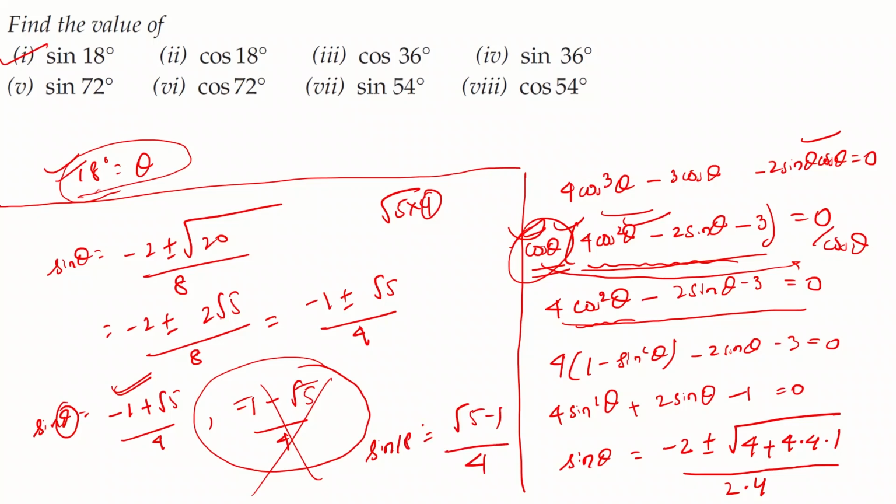Alright. And now to find out the value of cos 18 degrees, what you do, you just write down that cos square 18 degrees plus sine square 18 degrees is equal to 1. Then you put down the value for sine 18 degrees and you simplify, and you'll be getting the value of cos 18 degrees. So all of these are given in any standard textbook. You can follow them.